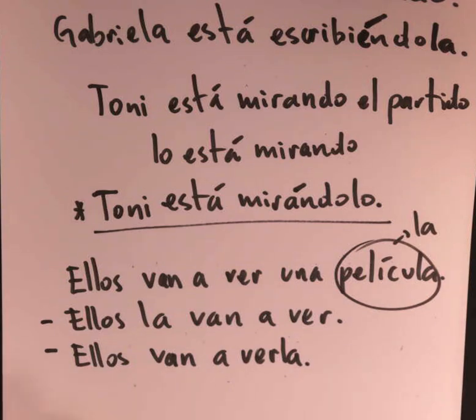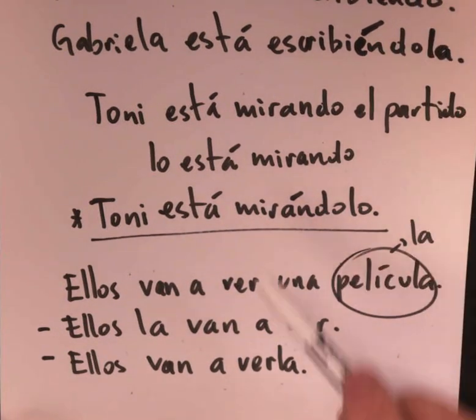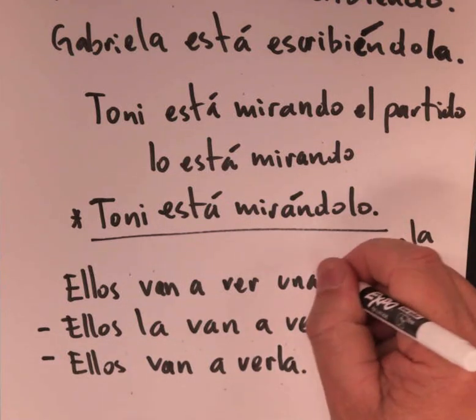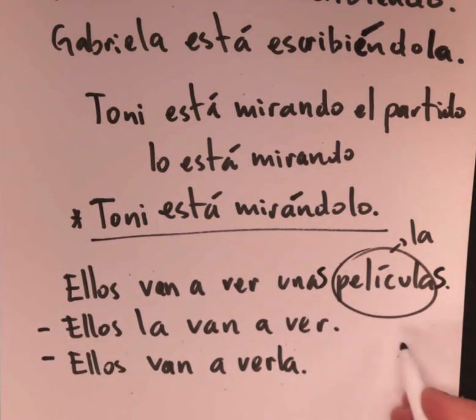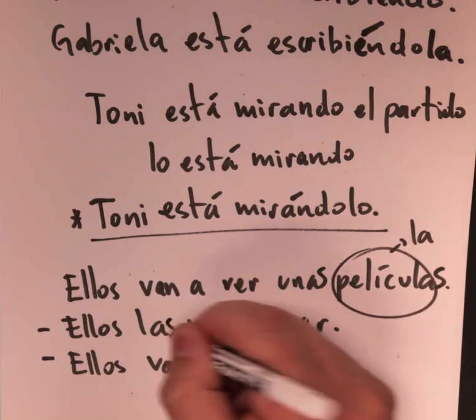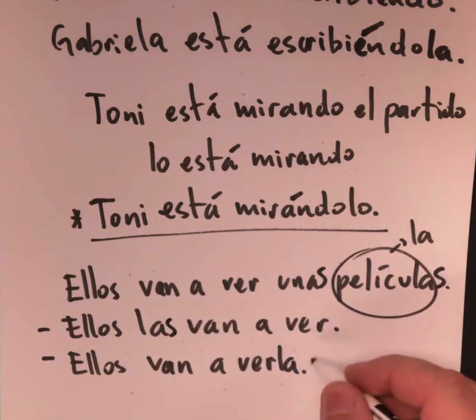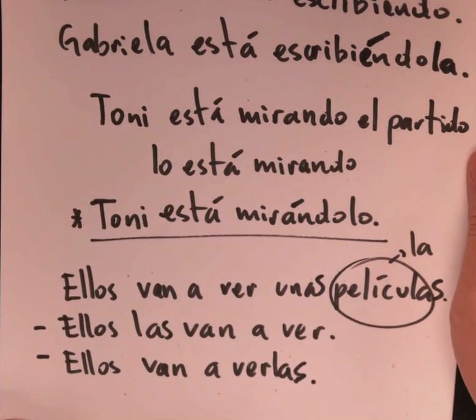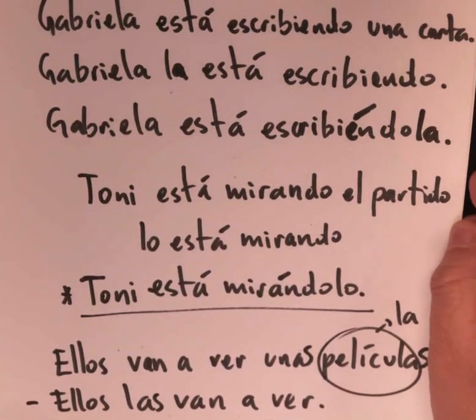Okay? Just make sure that you look at the object, right? Ellos van a ver unas películas. Changes everything here, right? The object pronoun, right? Ellos las van a ver, o ellos van a verlas, right? So be careful about those specific number and gender agreements, right?